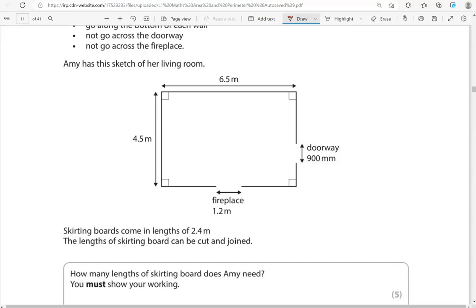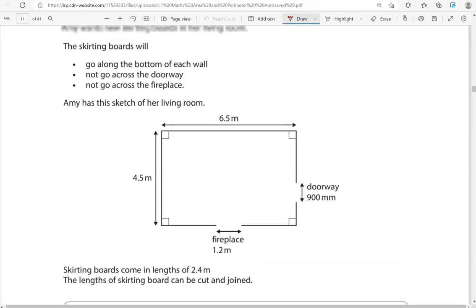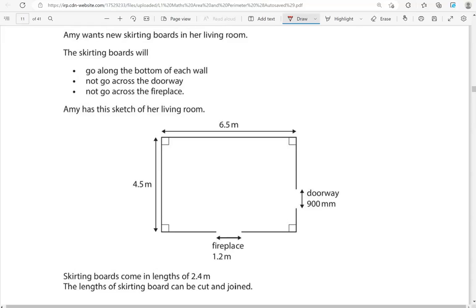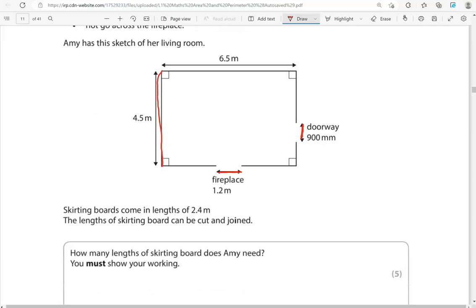So we're going to work out the perimeter of the room. And the skirting boards will go along the bottom of each wall, not go across the doorway, which is this one here, and not go across the fireplace, which is this one here. So we're going to go around, got 4.5 meters along the width.